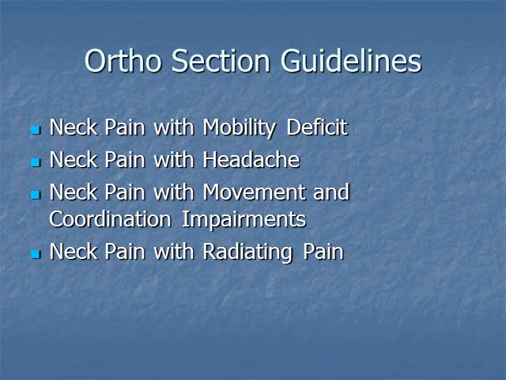Notice how this sounds a little bit different than the increased exercise tolerance from the previous classification. And then we have neck pain with radiating pain. They eliminated the pain control classification because oftentimes with pain control, we may be trying to do some range of motion activities or some mobilization activities that could help control their symptoms.